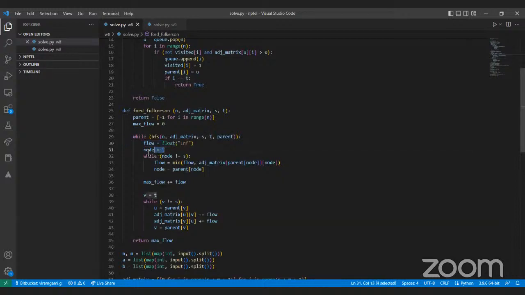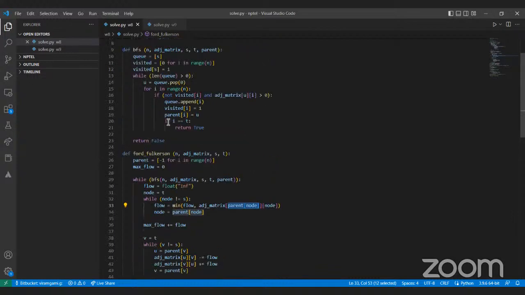And now I am at node T, and using this parent array, I will traverse back to the vertices which have been visited before. So I started from the vertex S, right? So I will traverse back until I reach the vertex S. And I will update the value of bottleneck flow with the minimum of the previous flow and the edge capacity from the parent node of this particular vertex to this vertex.